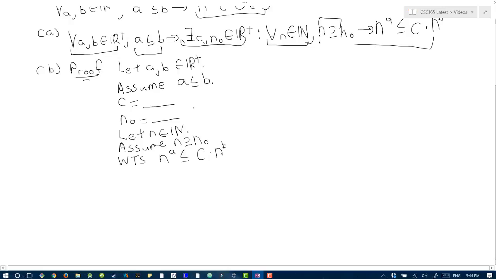So we take a look at what we have. From assumption we have this inequality and this one. We can't really do anything with this, but we can take this one. So we would say, notice from assumption, we have a is smaller than or equal to b.